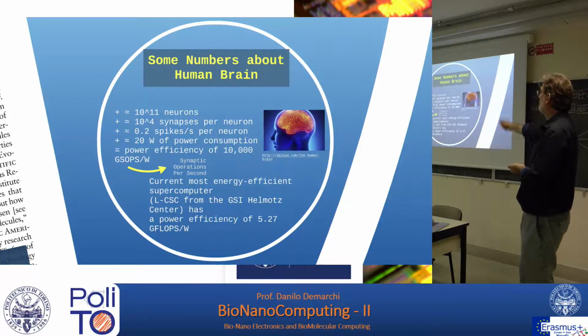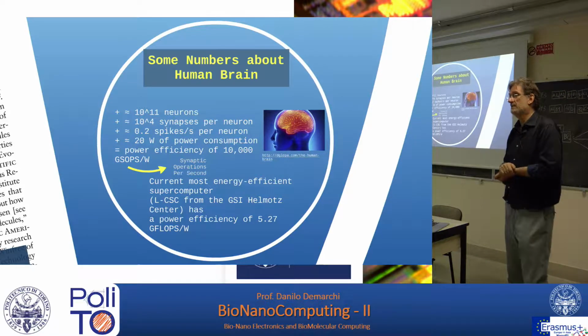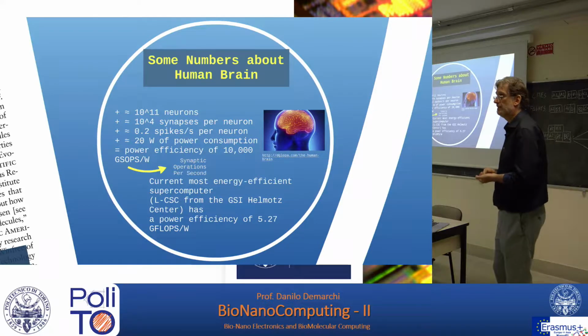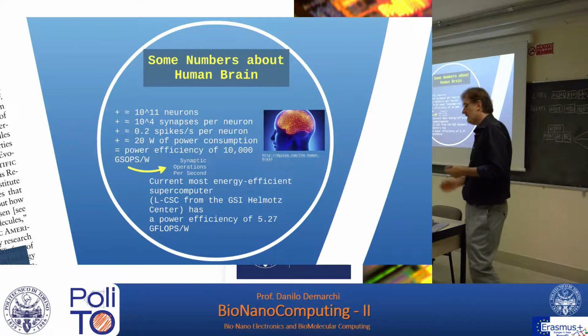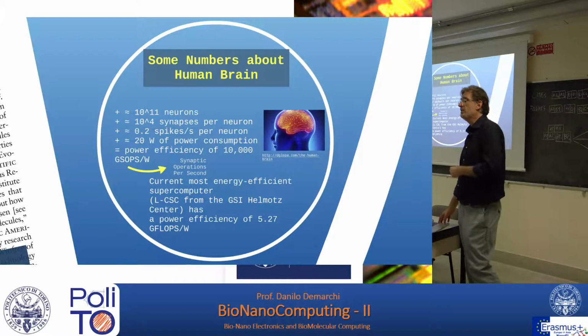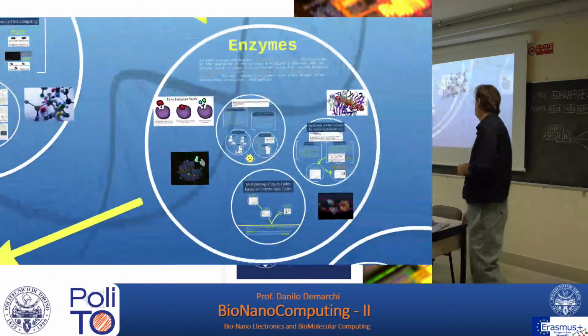So you can see the difference, okay? Our brain is a very powerful machine. Simply, we have to try to understand it. We are exploiting it in our daily life, but we can use it also for other purposes.